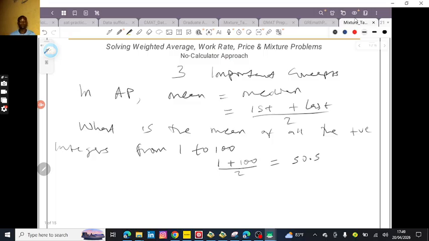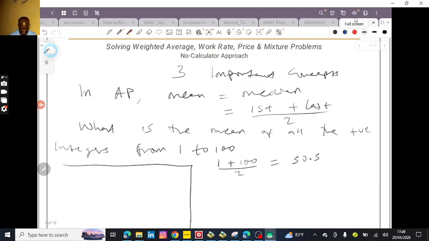All right, but for you to be able to do this safely, you need to believe that it works. So let's make a small table by the side and list some numbers that are in arithmetic progression. It might also be good to know exactly what is arithmetic progression.